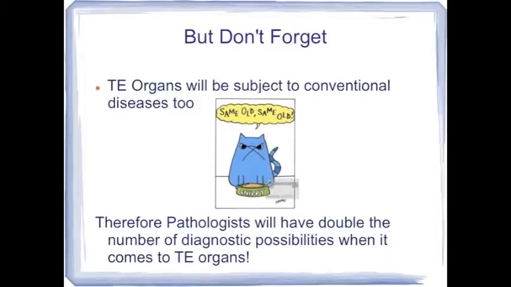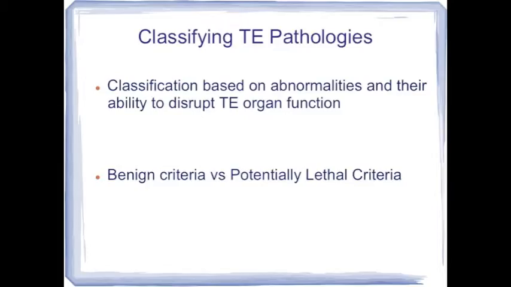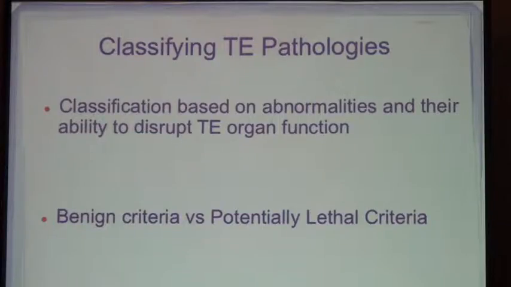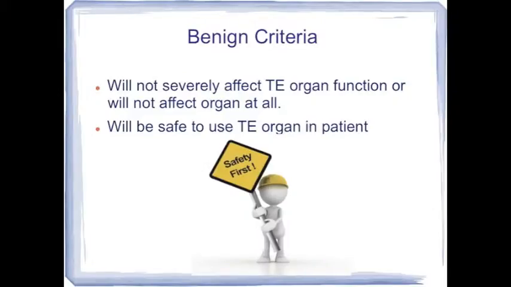I also wanted to introduce an idea I had on possibly how to classify tissue engineered pathologies. I wanted to base the classification on the ability for abnormalities to disrupt the function of the tissue engineered organ. The first criteria would be benign criteria. These would be abnormalities observed in the tissue engineered organs that would not severely hamper the functionality or would not cause any difference at all.